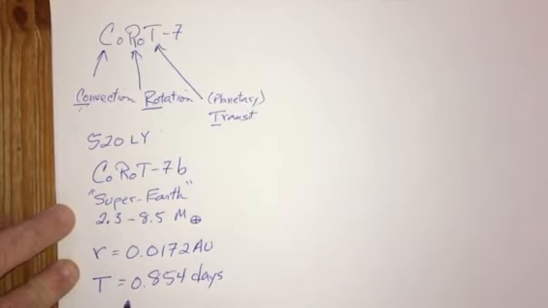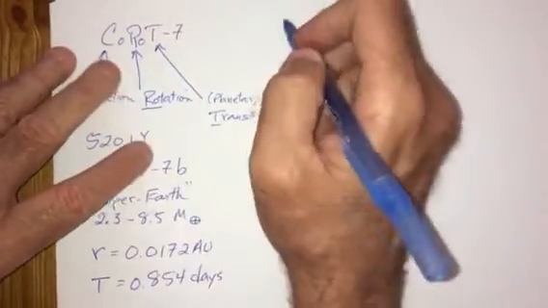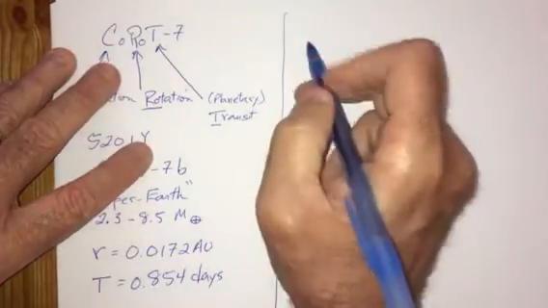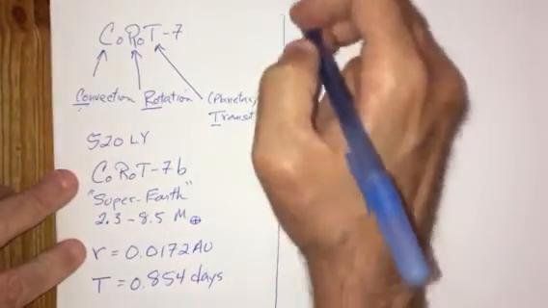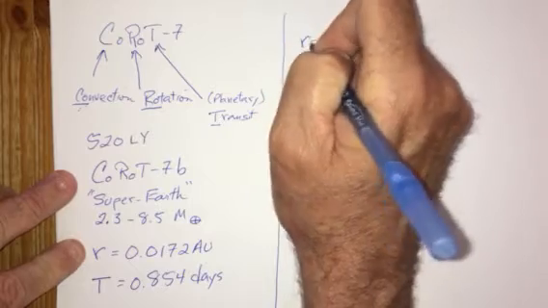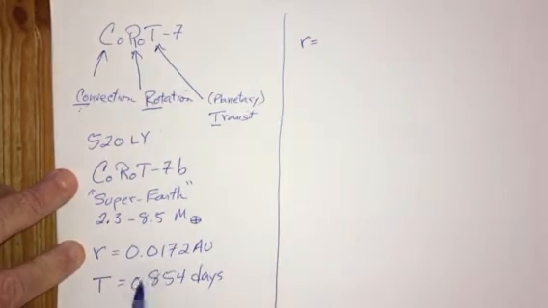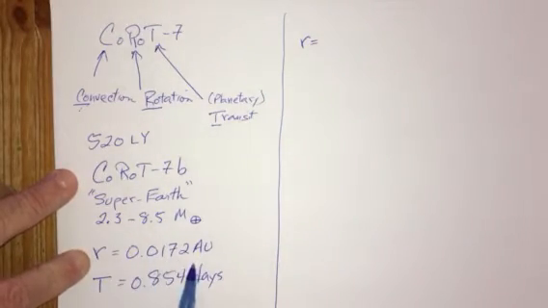So we're going to use these 2 bits of information to calculate the mass of this star Corot 7. So we'll move over here. Now the first thing that we want to do is convert the radius, which is given here in astronomical units, into meters.